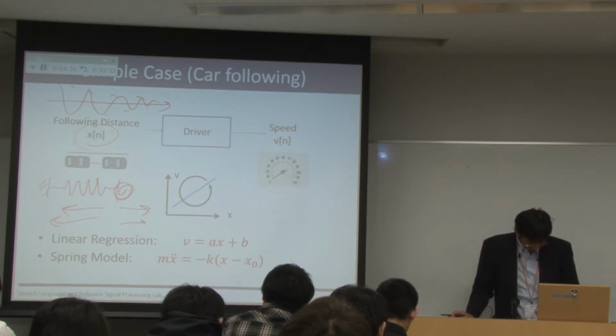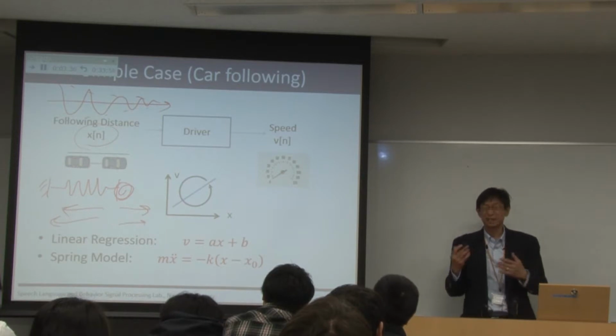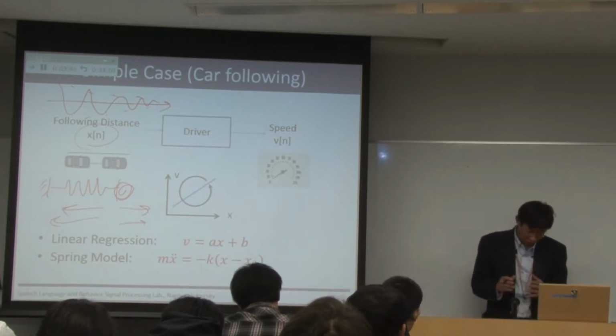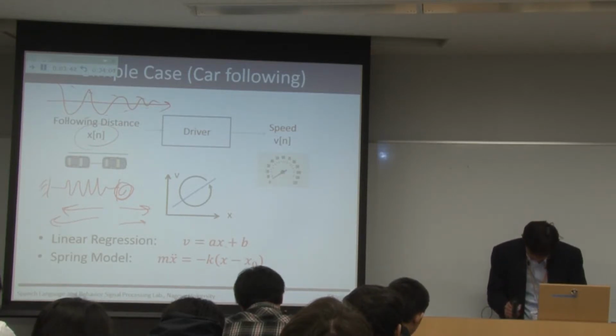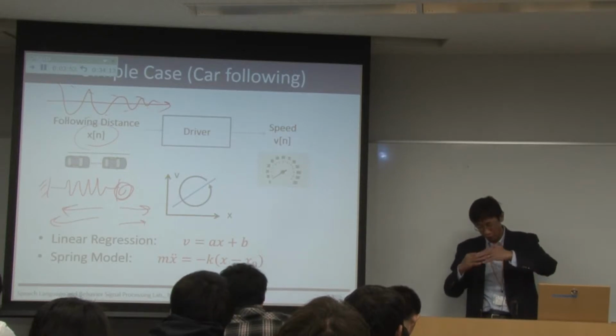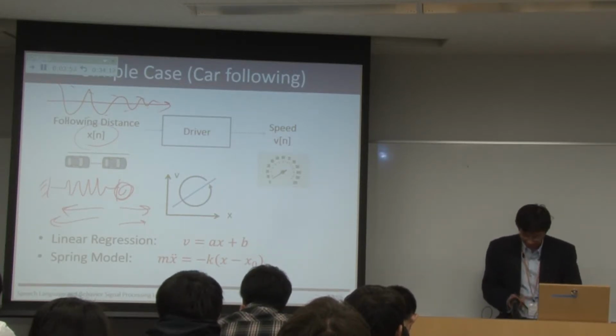The other idea is a much simpler way to think: if the distance to the preceding vehicle gets larger, the vehicle gets faster.